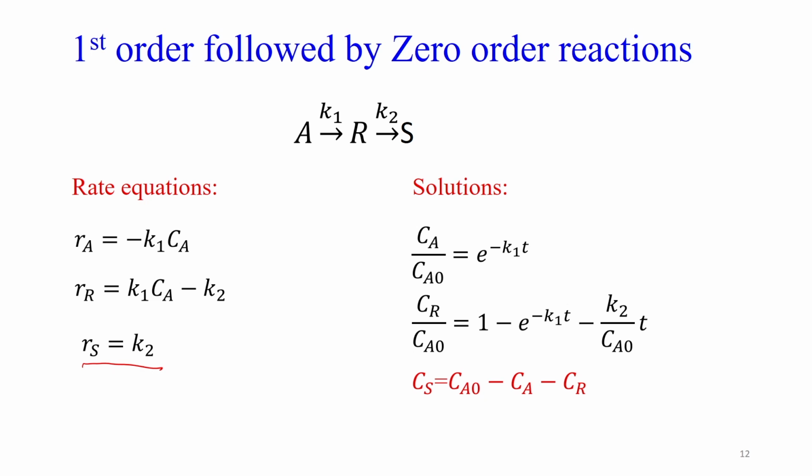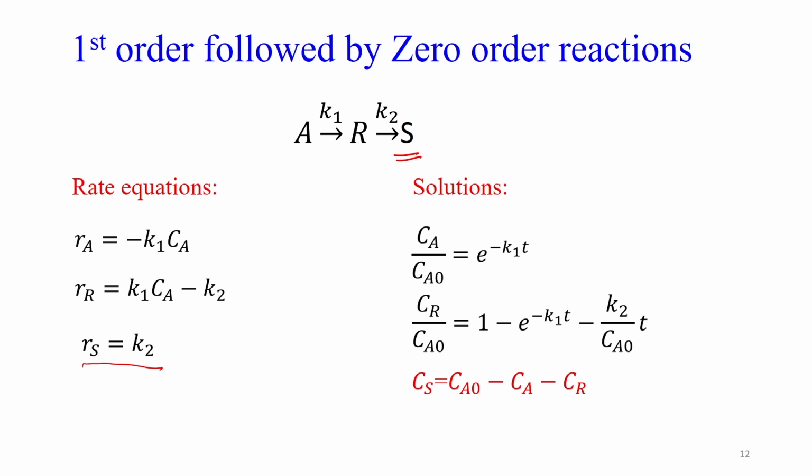So, what we have to do, we have to calculate the amount of intermediates, then finally we can see how the intermediates are changing with the time and how the final conformation is increasing with the time.